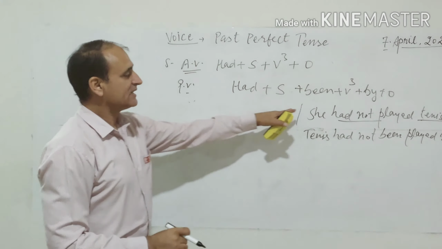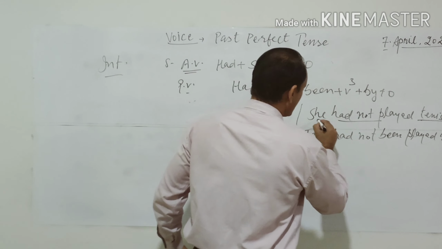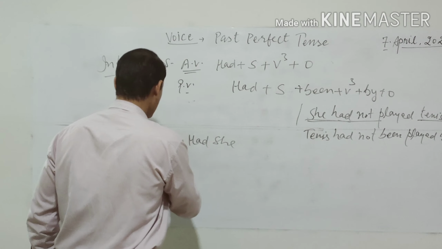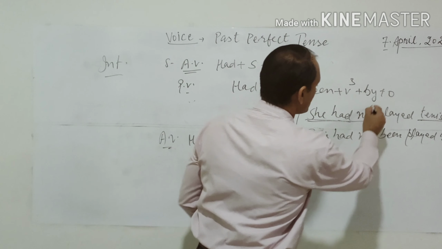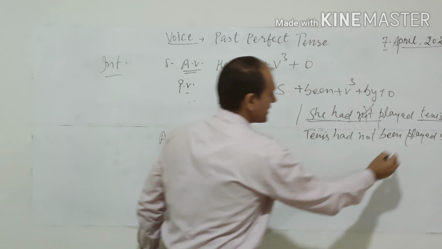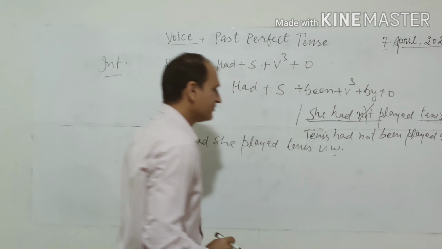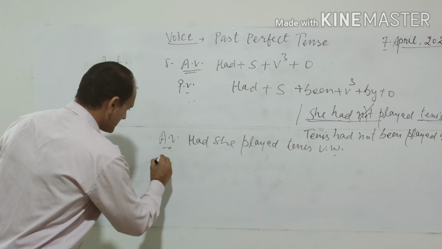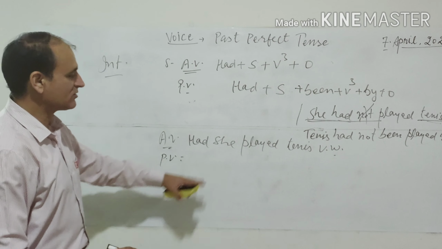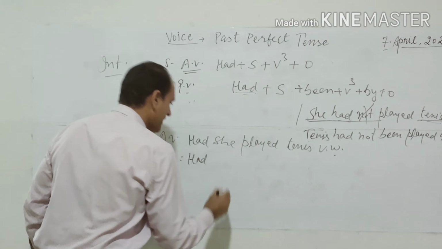So now let's change this negative structure first into interrogative, active form, and then passive. So she had will become had she, active form. Had she, we drop not, played tennis very well. So this is the active form of this structure, and now if we change it into passive voice, first we will be using had, as in past perfect.